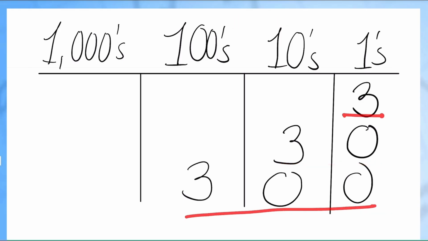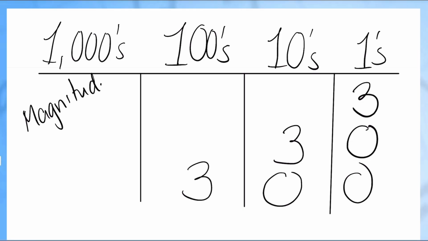And 300 is 10 times 10 times bigger than 3. So every time I move a digit one place bigger on a place value chart, it's getting 10 times bigger. If I move it to the right, I'm making it 10 times smaller. This is what we're talking about when we talk about magnitudes of 10. So we're going to look at how many times bigger or smaller a number is getting using these zeros. So let's look at our first model together.